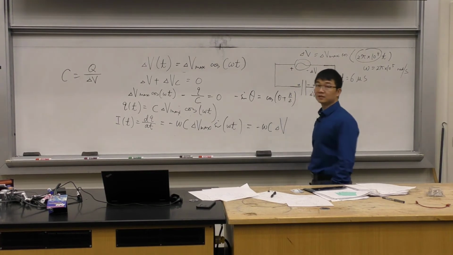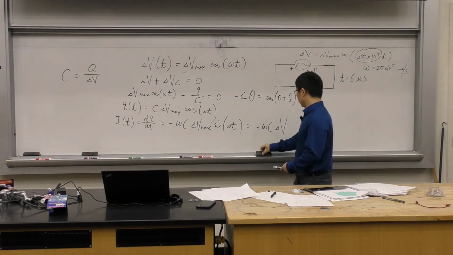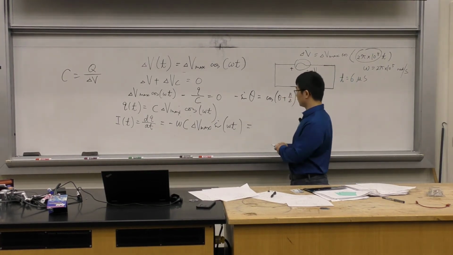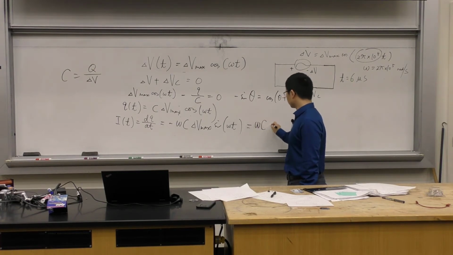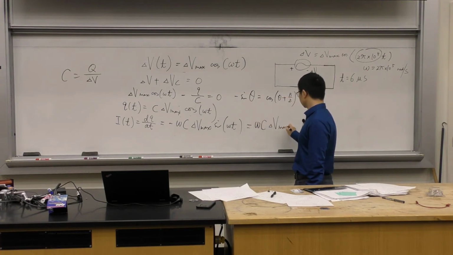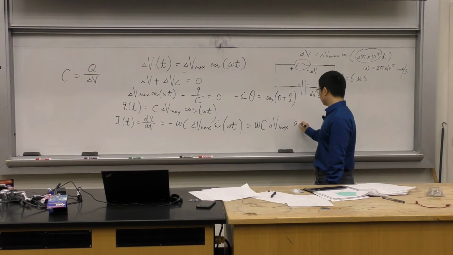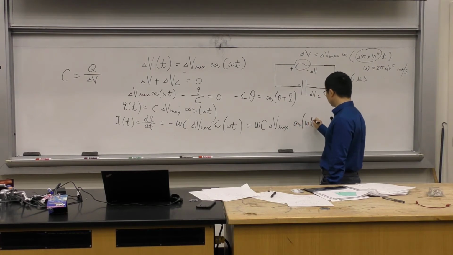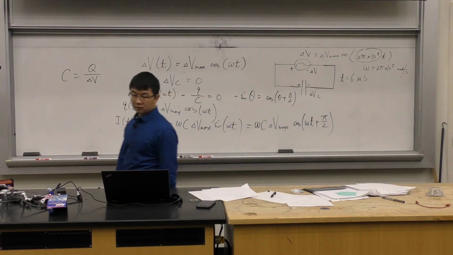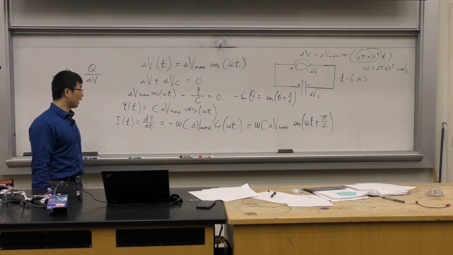That's also an identity in trig. If I make use of that, then this becomes a very nice equation: cosine omega t plus 1/2 pi. Right? So that's the function for the current.